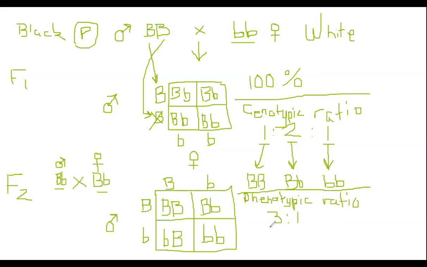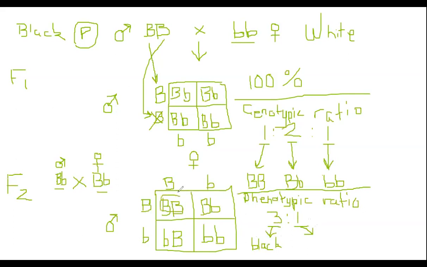All right, phenotypic ratio, 3 to 1. What is the 3 referring to? 3 what? Okay, 3 what? 3 black, yes. 3 black. Which ones are the black ones? The black foals. Which ones are black?